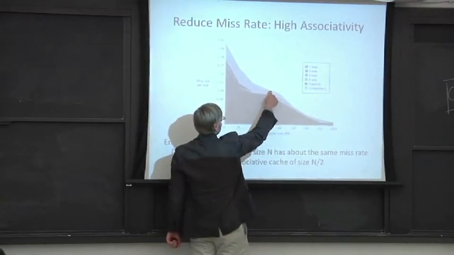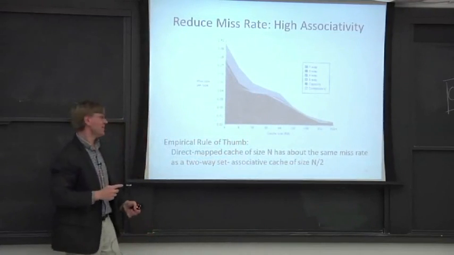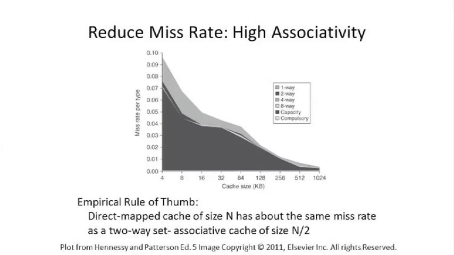What you're trying to see here is if this point is equal to that point. Well, it's not, but it's actually not a horrible approximation. We're saying if we have a 16 kilobyte cache with a higher associativity, our miss rate goes down, so it's going to be somewhere in here, versus a 32 kilobyte direct mapped cache, which is this point here. OK, well, that doesn't hold there.